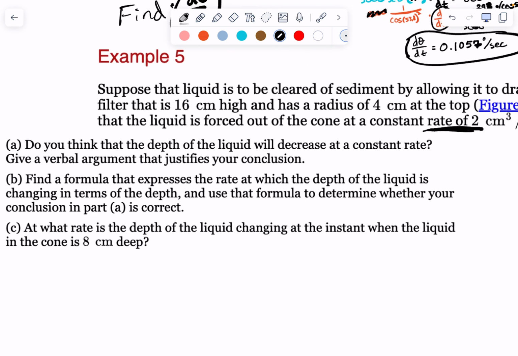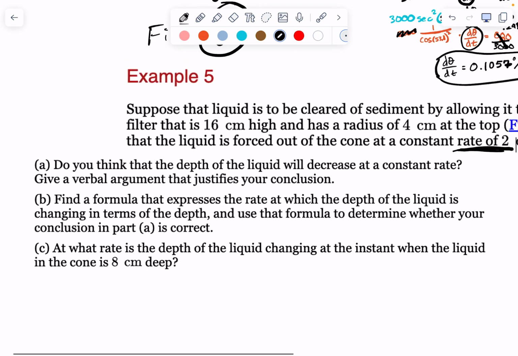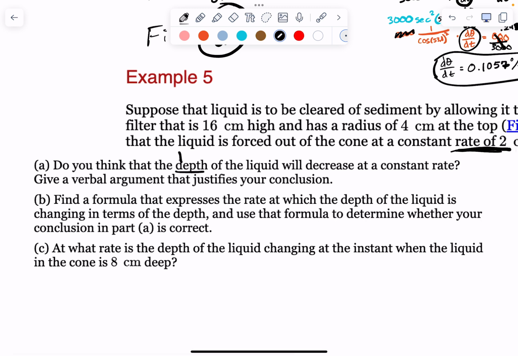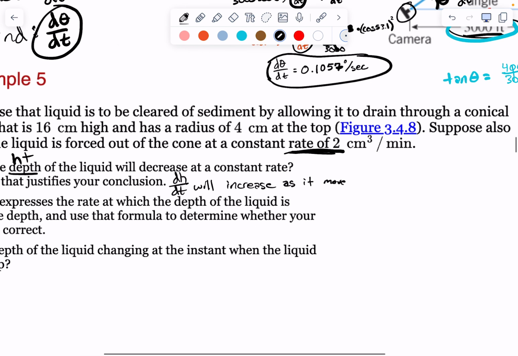Okay. Do you think that the depth of the liquid, which I'm going to guess is the height of the liquid, will decrease at a constant rate? No. No, because what have we decided? As the liquid forces out, it looks like it starts to go real fast, right? So dH dt will increase as the water moves further and further out.